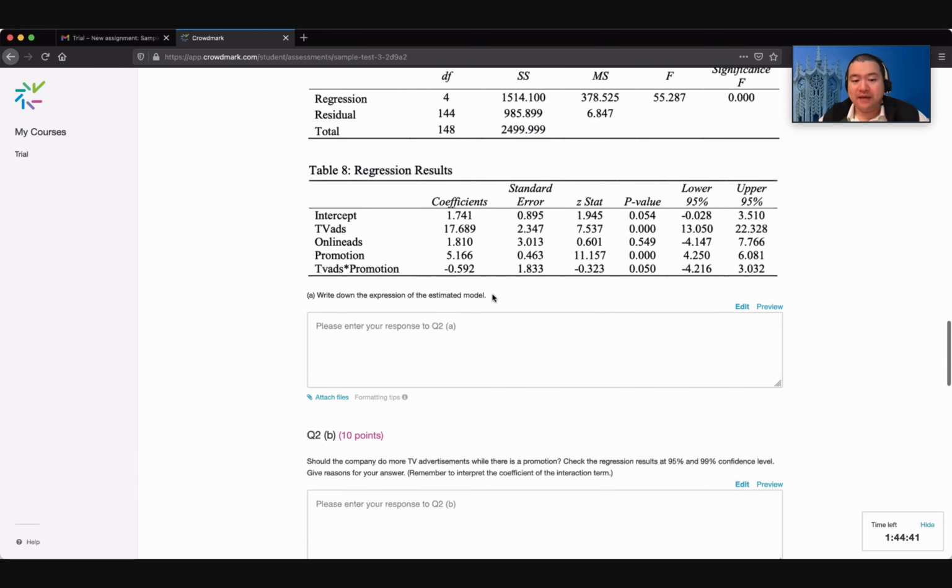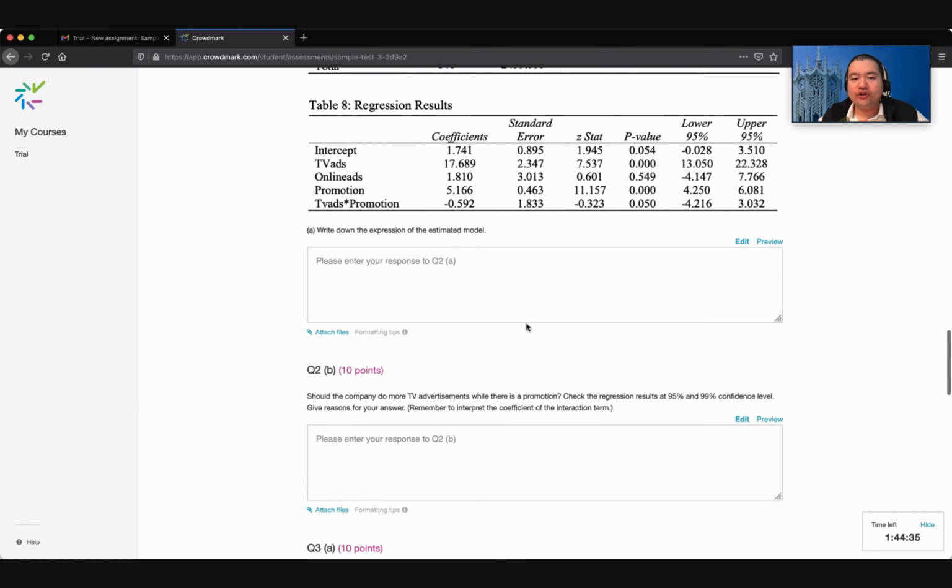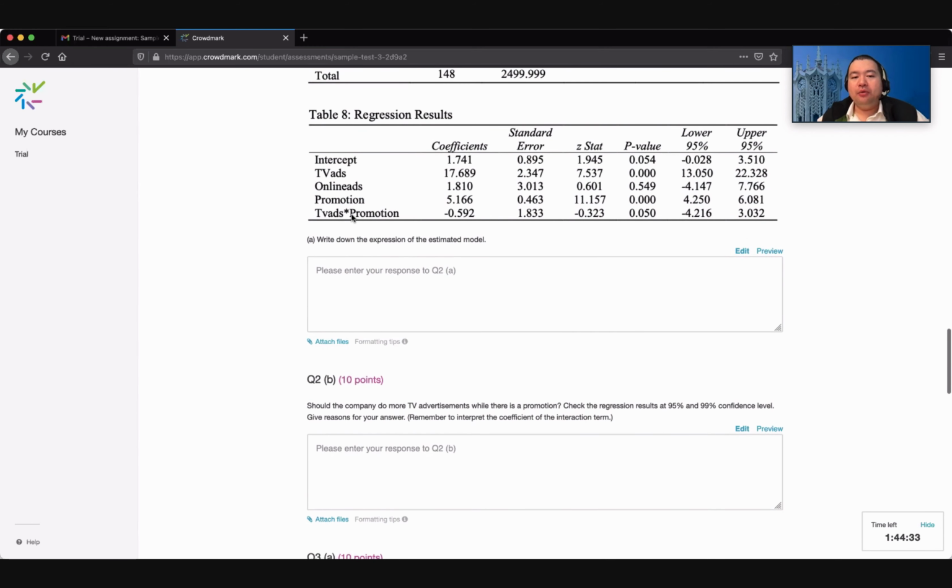So what does it mean? Should the company do more TV advertisements while there's a promotion? See, promotion times TV ads, the coefficient is negative 0.592. So it means when there is a promotion and you increase the TV ads, your weekly sales will be decreased.